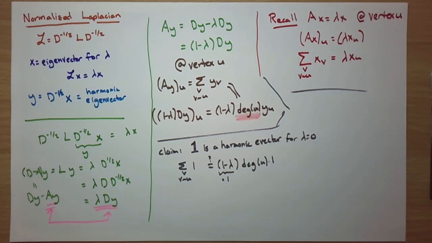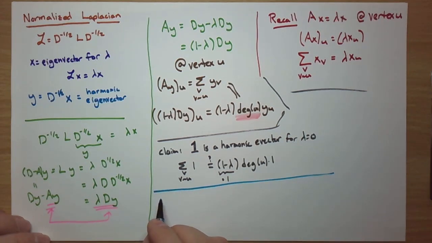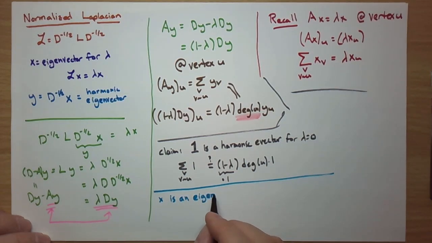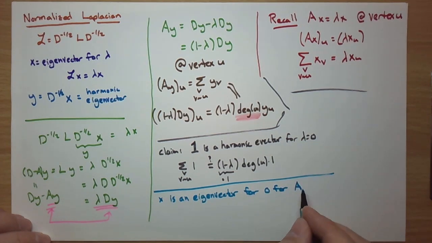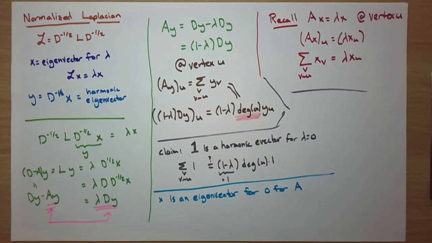Now, let's try something else. Suppose we say that x is an eigenvector for the eigenvalue 0 for the adjacency matrix. Okay, so I'm claiming here x is an eigenvector of 0.